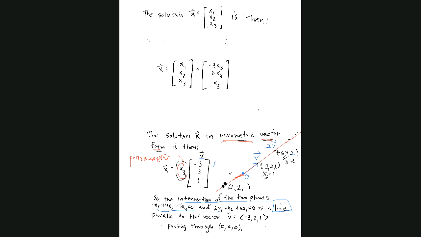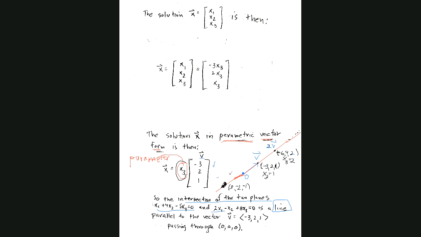That's right. 3, -2, and -1. Because if v1 is here, then this is going to be -v1.